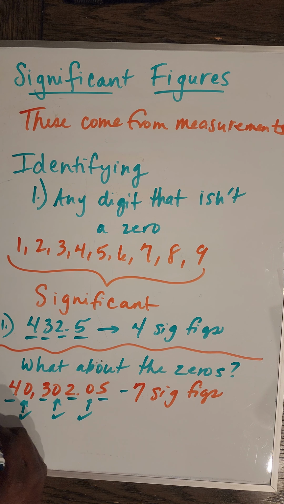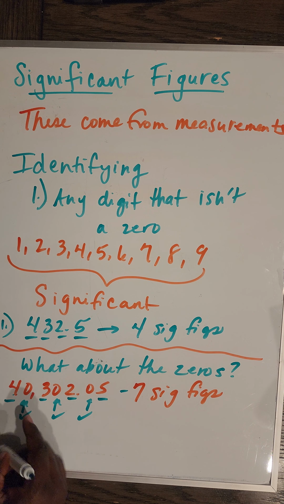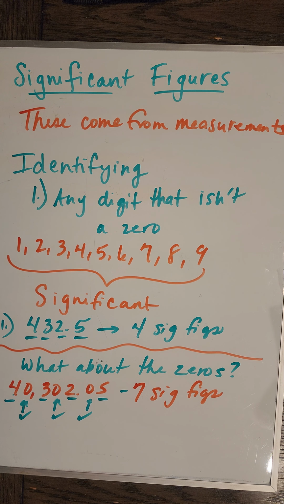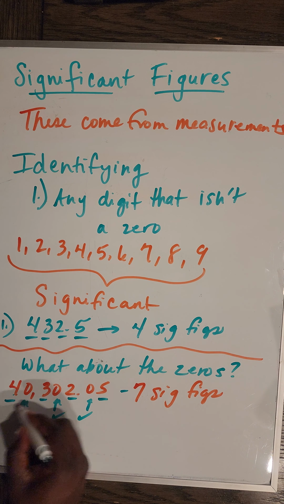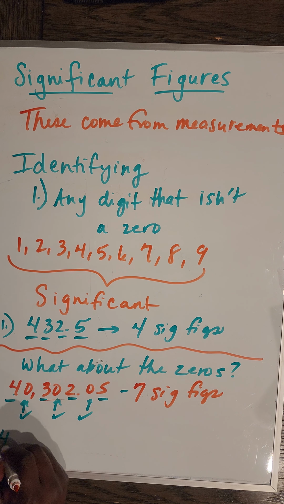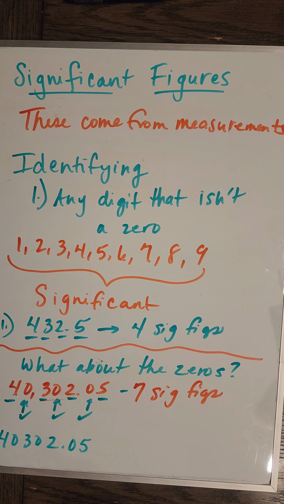Another case is if there is a decimal and the digits are to the right of the decimal. So let's take this same framework, 40302.05, and let's just add 2 zeros here.